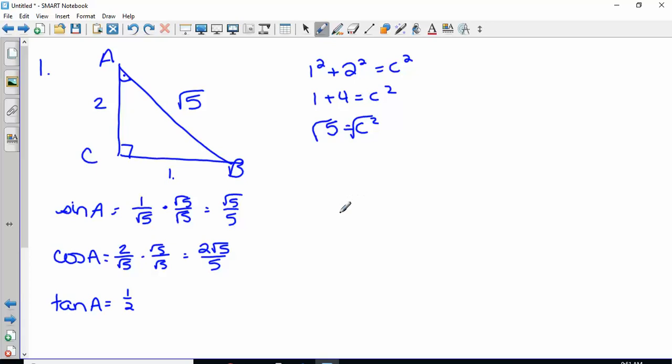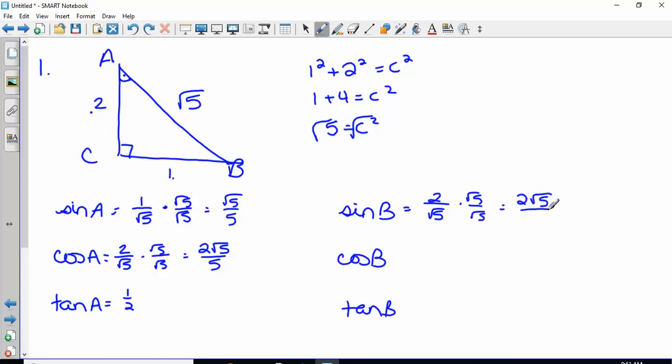Then I asked for sine, cosine, tangent from angle B. So from B, sine opposite over hypotenuse would be 2 over radical 5. Get the radical off the bottom. So that's 2 radical 5 over 5.